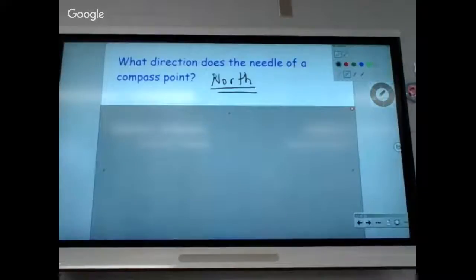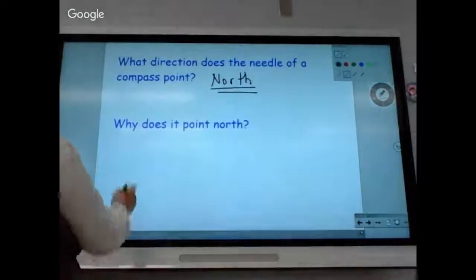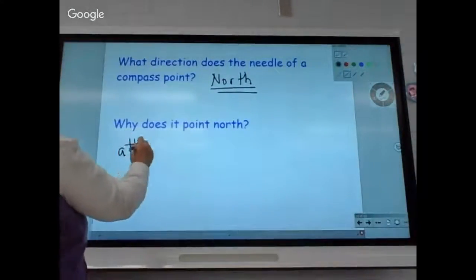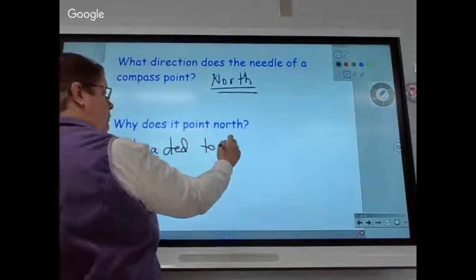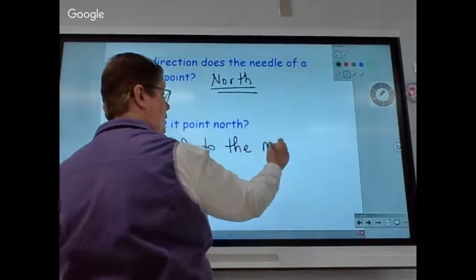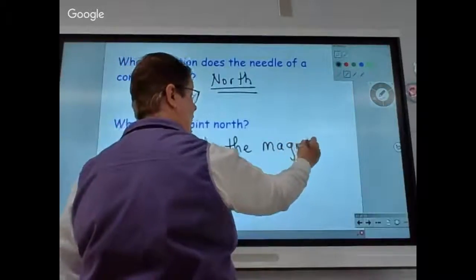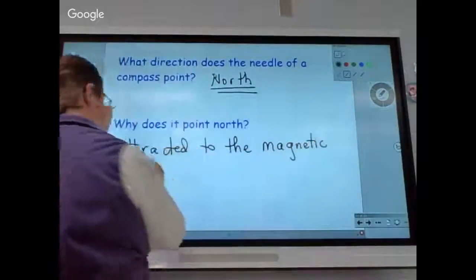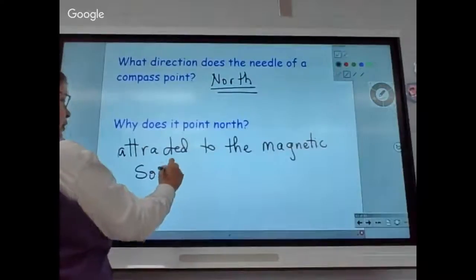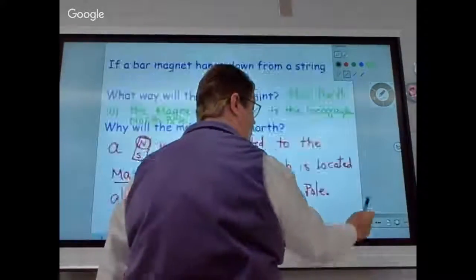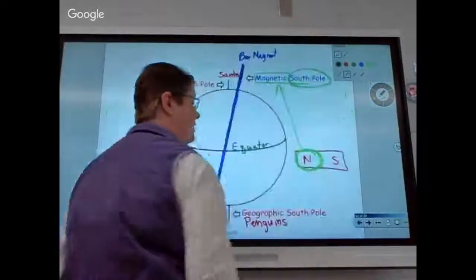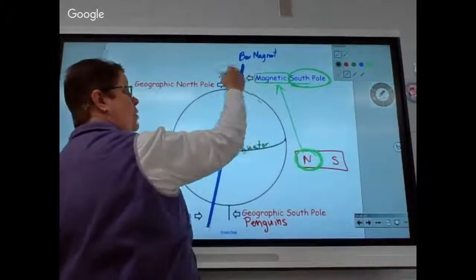Why do they point north? They're attracted to the magnetic south pole. If I go back 2 pictures, where is the magnetic south pole at? The North Pole.